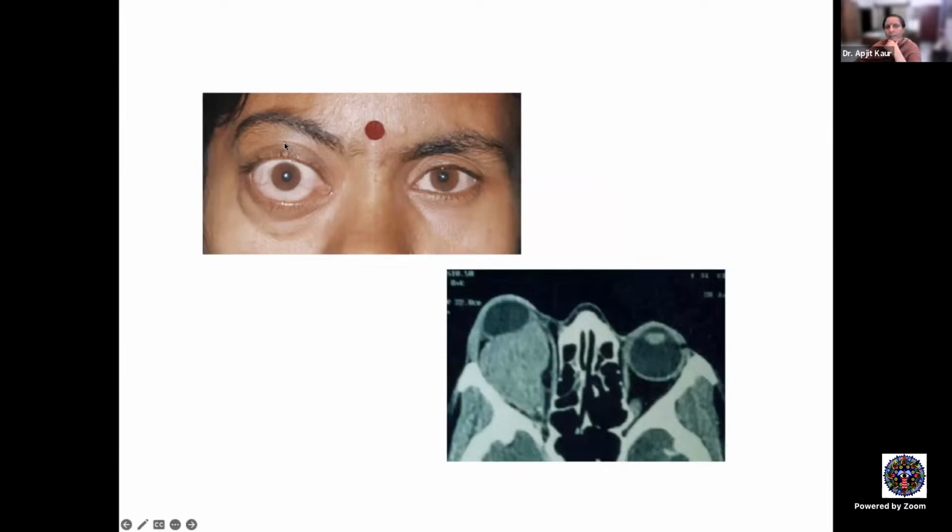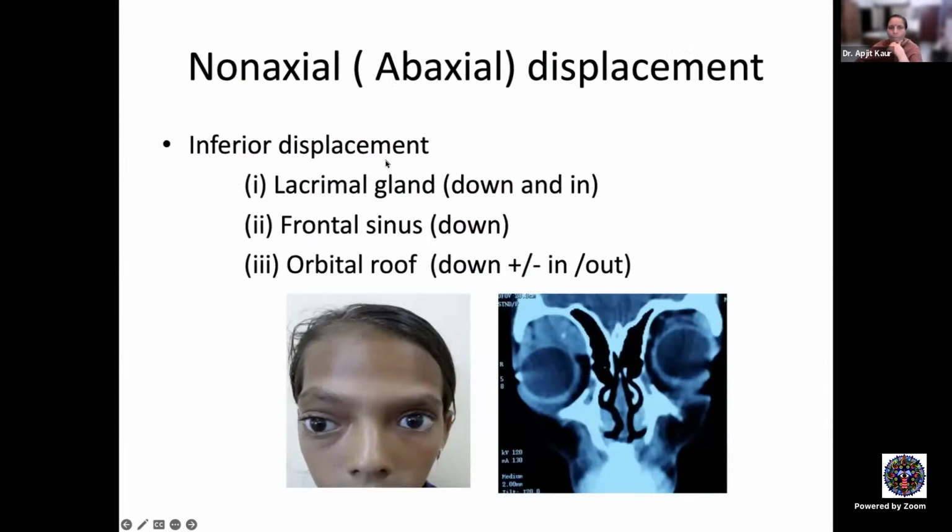Now look at this lady, huge axial proptosis. The medial rectus muscle and the lateral rectus muscle have held this huge tumor, axial proptosis. Now let's see some non-axial proptosis. What is happening here? There is fullness in the superior part.